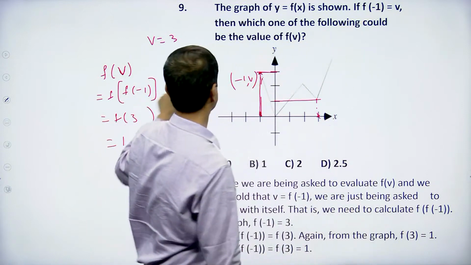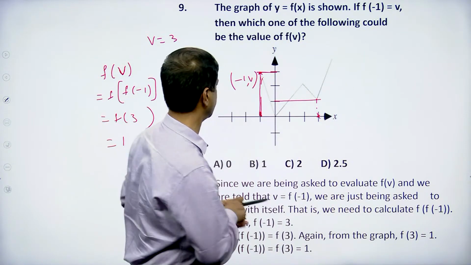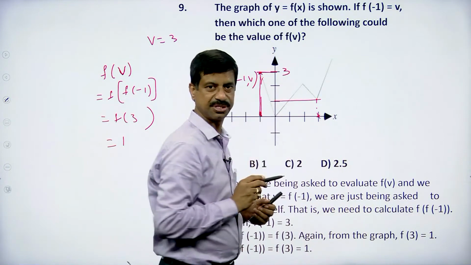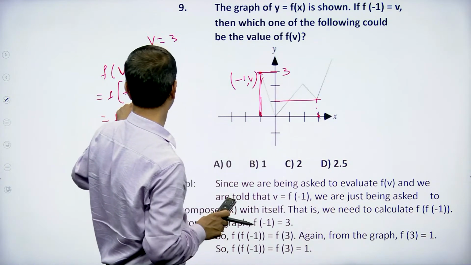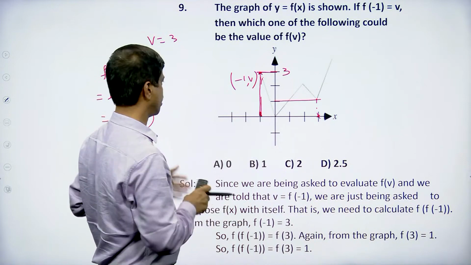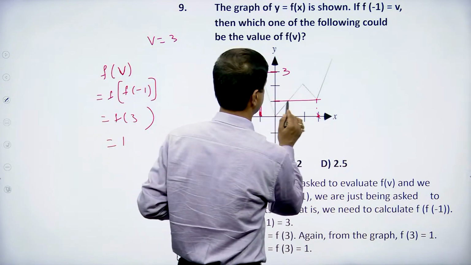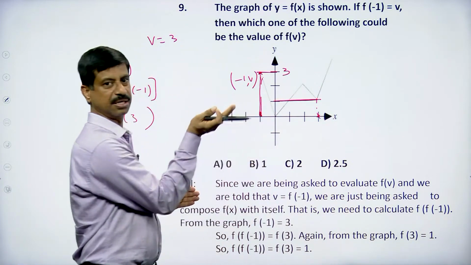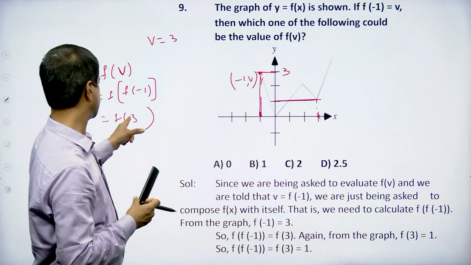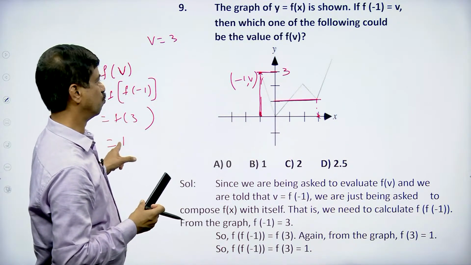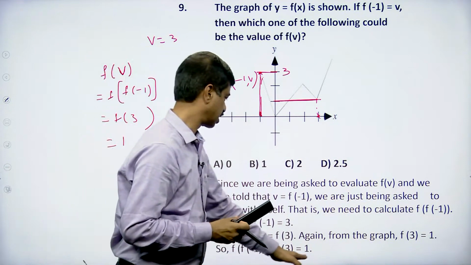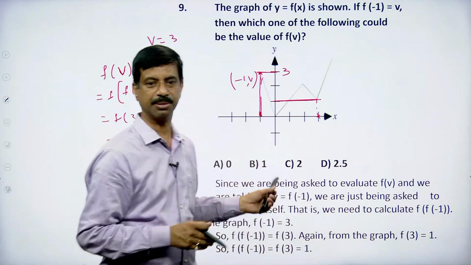So f of minus 1 is equal to v means this y value is 3. Therefore f of 3 is equal to approximately 1, because of the little tilt. So I am taking f of 3 equal to 1, children. So you are getting f of 3 as 1, it is option B. Please note it fast.